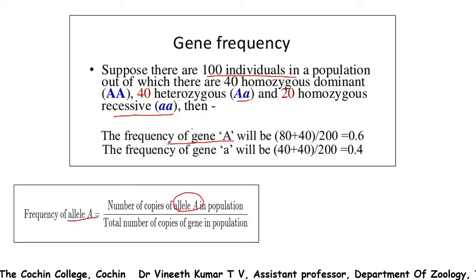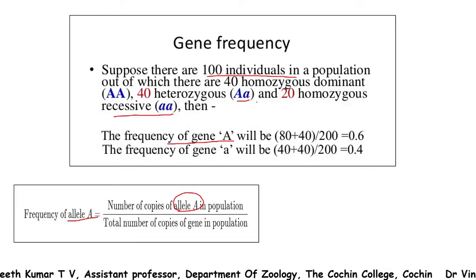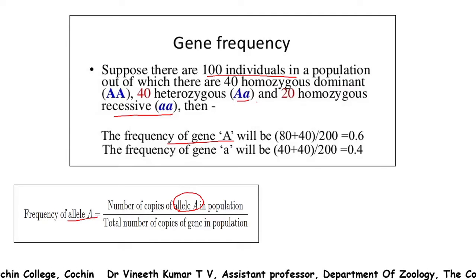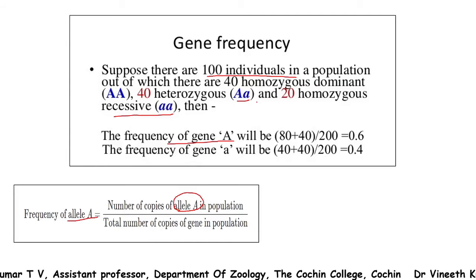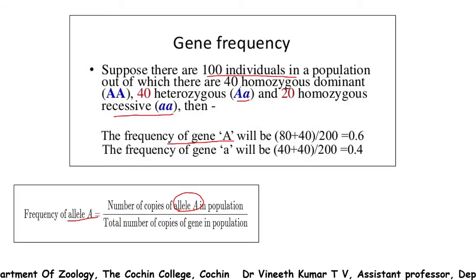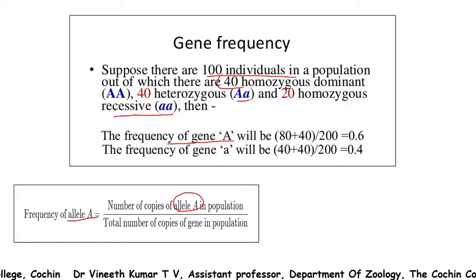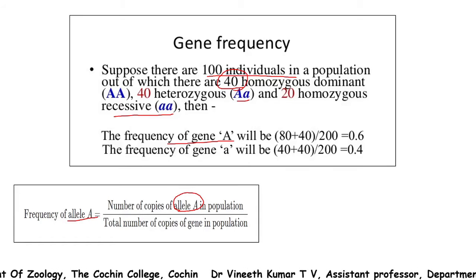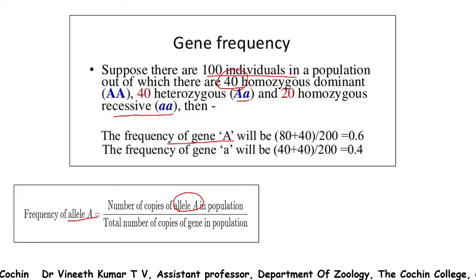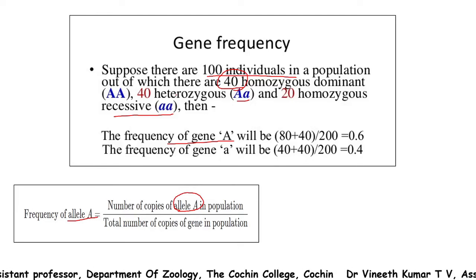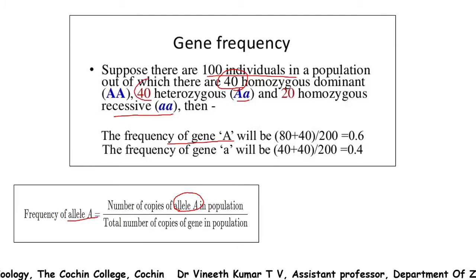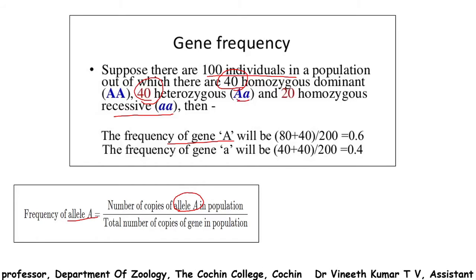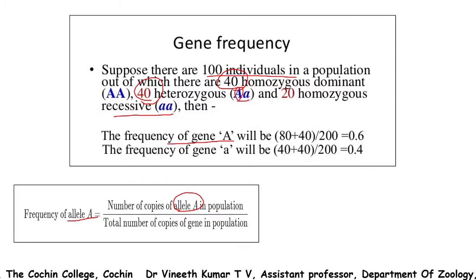If you consider the number of capital A alleles in this population, you have to consider two categories. The 40 homozygous dominant individuals each have two alleles, each individual will have two capital A's, and the 40 heterozygous individuals also have a capital A in them.